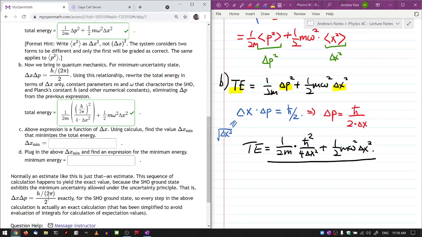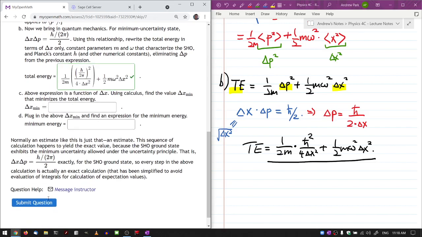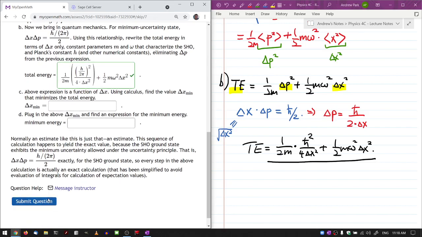And in part C is where we now try to assert what's the minimum we can get. You can look at it this way: I have some expression with 3 free parameters.